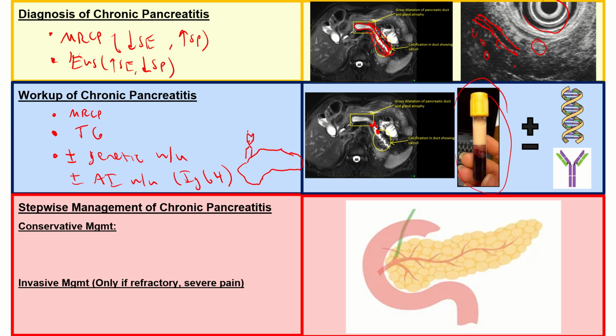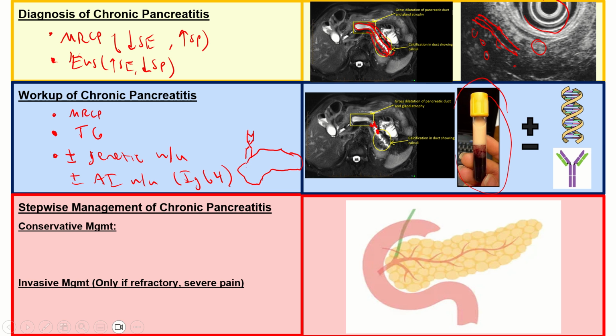They might have some constitutional symptoms chronically. They might have evidence of IgG4 disease elsewhere, like retroorbital tumors, or enlargement of the parotid or lingual glands, or retroperitoneal fibrosis, or riedel thyroiditis. You might have other manifestations too.